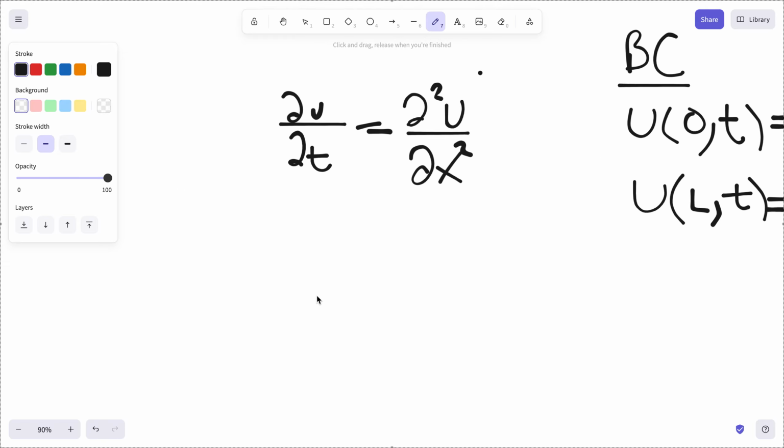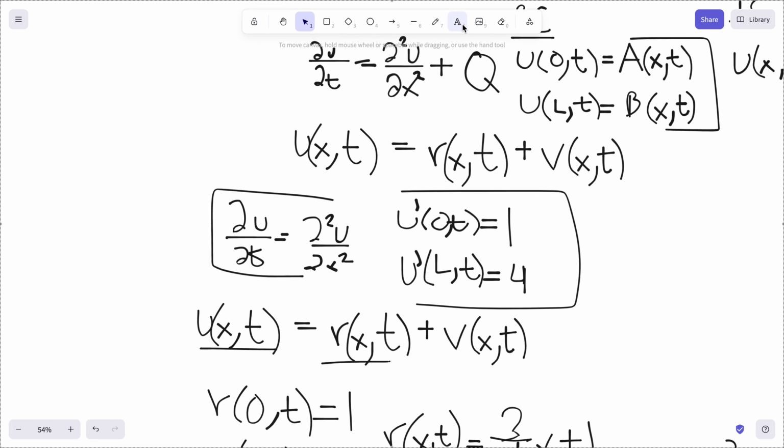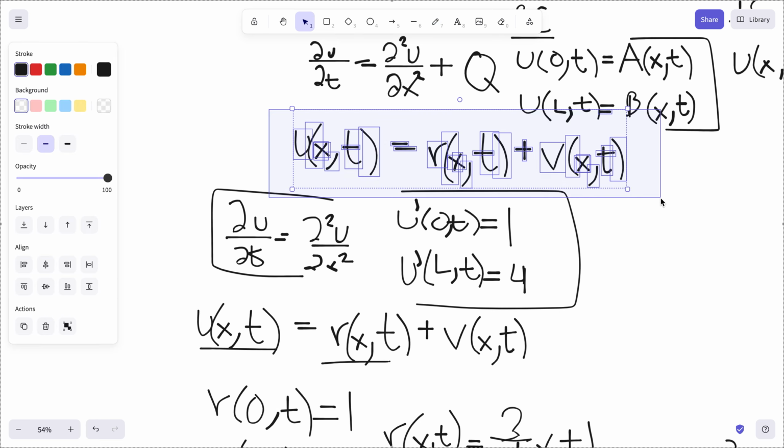So this time, u of x comma t equals r of x comma t plus v of x comma t.